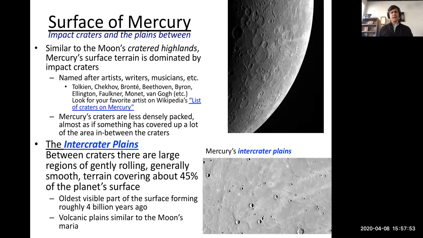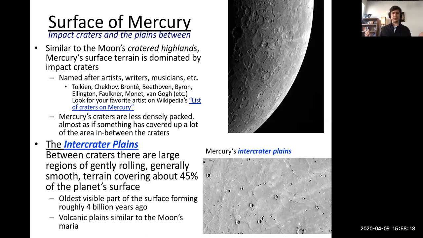Okay, so now that we've had a nice global view and looked at what the surface of Mercury looks like, let's try to characterize it. Let's come up with the major terrains like we did on the moon. The major terrains for the moon were the lunar cratered highlands, and then we had the lunar Maria.